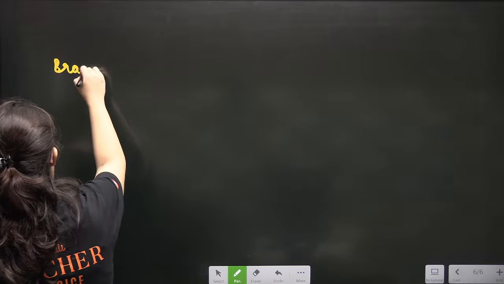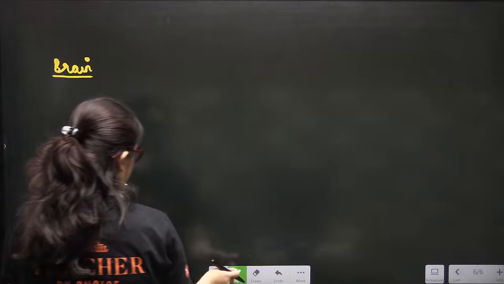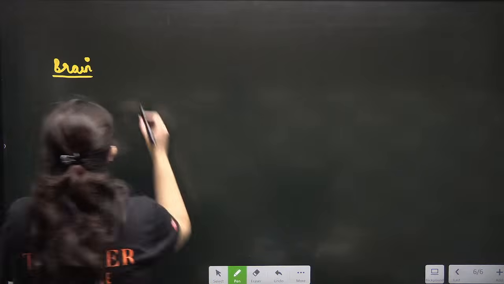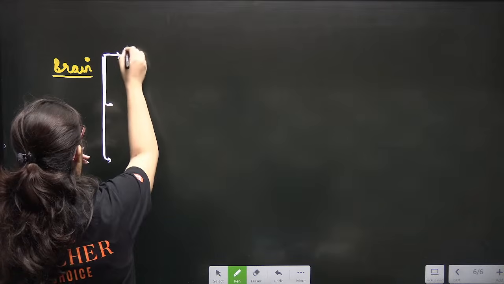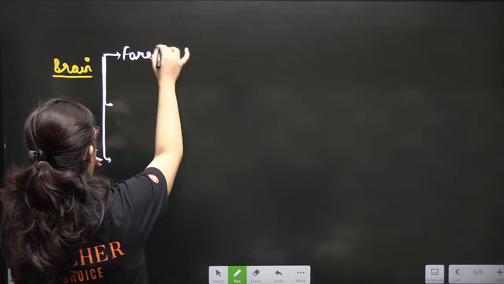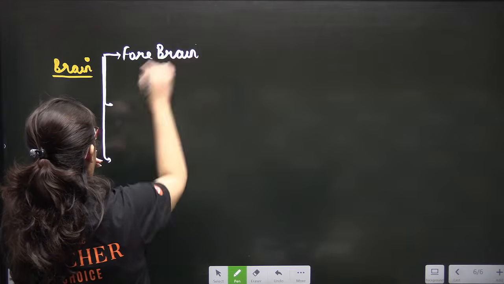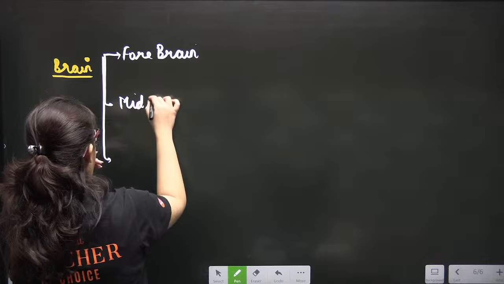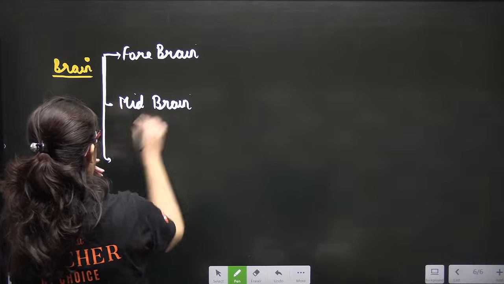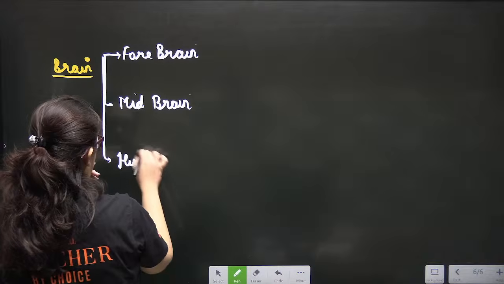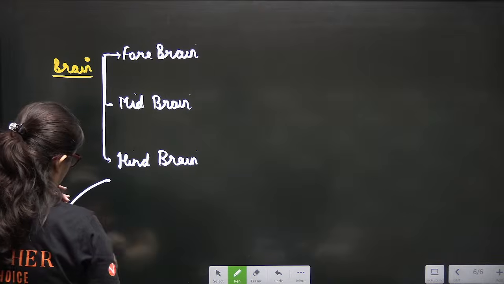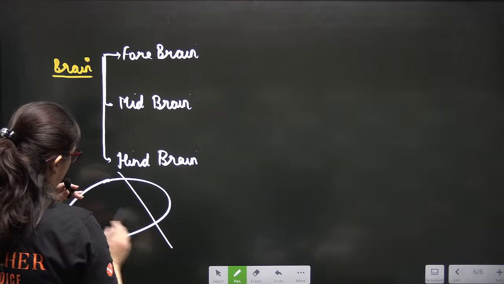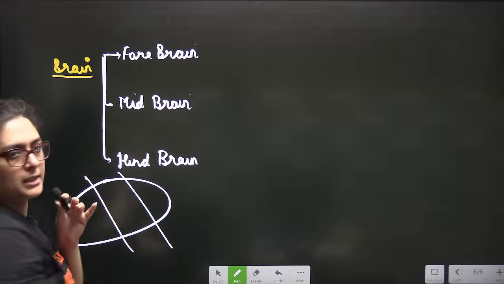Now, this brain has parts: forebrain, midbrain, and hindbrain. Okay. Now, forebrain is the anterior part, midbrain the middle part, and hindbrain is the posterior part.